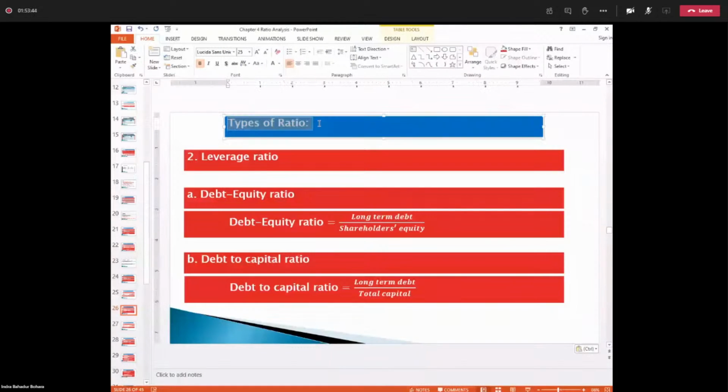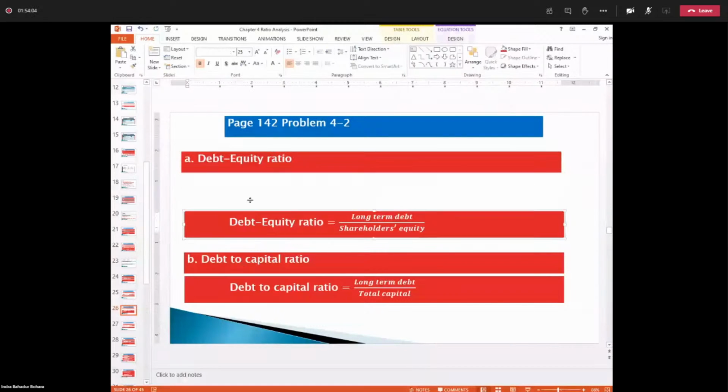Page number 142, problem 4.2. Now, first one is debt equity ratio.